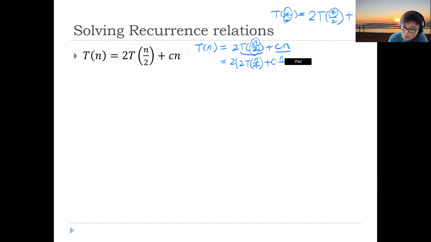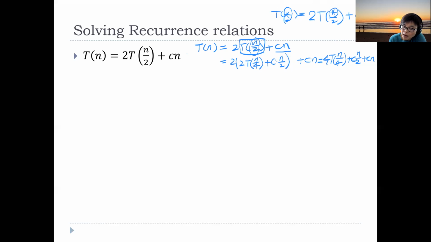This is just applying the recurrence relation to T of n over 2. If I write it out, taking it out of the parentheses, this gives me 4T of n over 4 plus Cn over 2 plus Cn. This is after the first step of expansion of this unrolling.